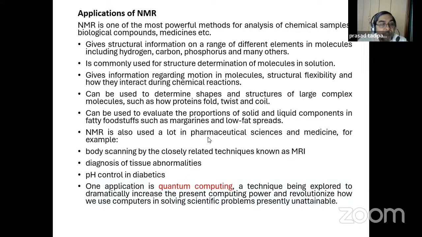Another application is quantum computing. This is not only in the chemical and biological sciences, you have it in computer applications also. Using quantum computing, you can drastically increase the present computing power and revolutionize how we have so far been using computers for scientific problem solving.